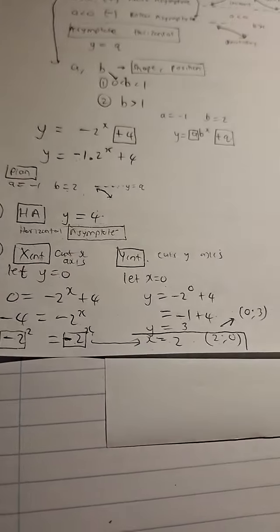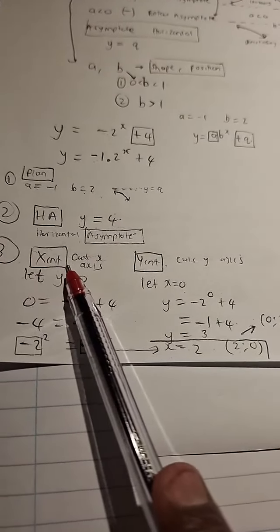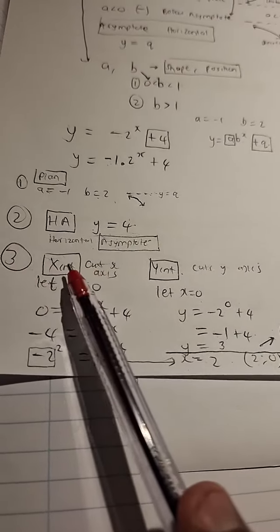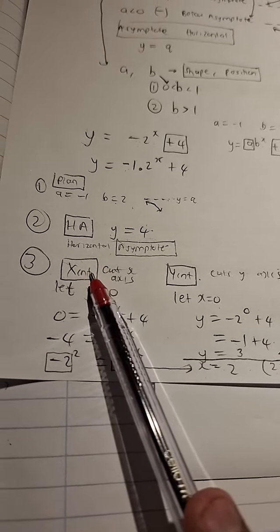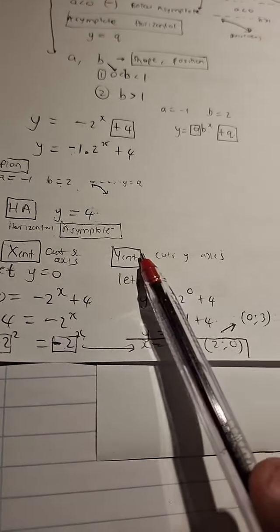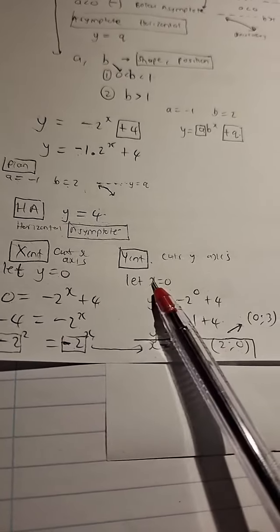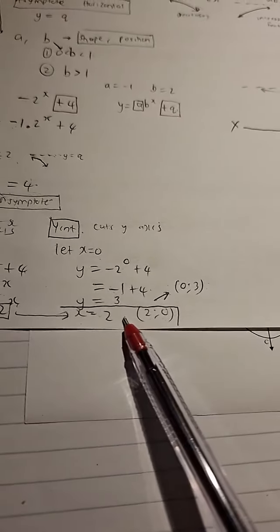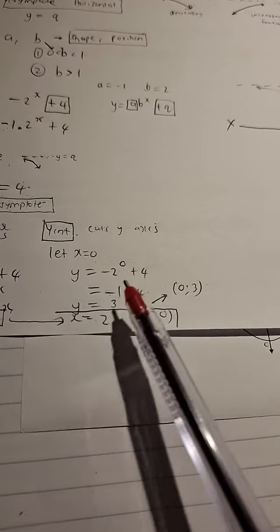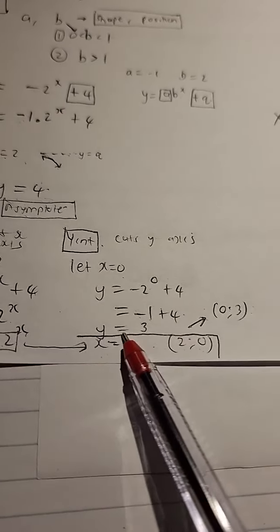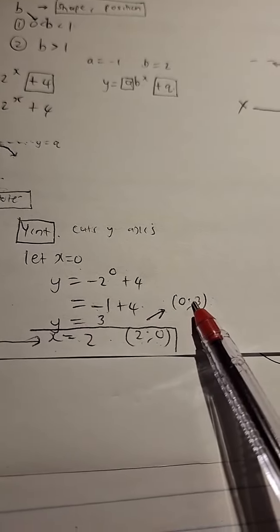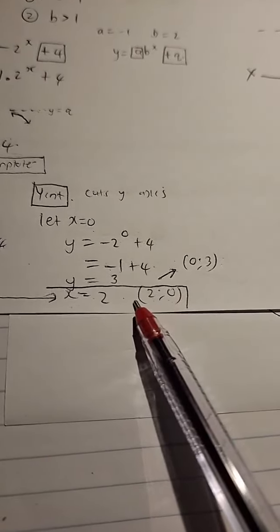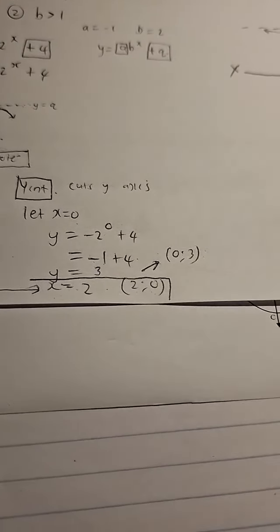So that's why even in our mind's eye, we could expect that we will have to find the x-intercept: let y be equal to 0. We'll have to find the y-intercept: let x be equal to 0. Find our points, x is equal to 2, and y is equal to 3. Our point 0 and 3 is the y-intercept, and our point 2 and 0 is the x-intercept.